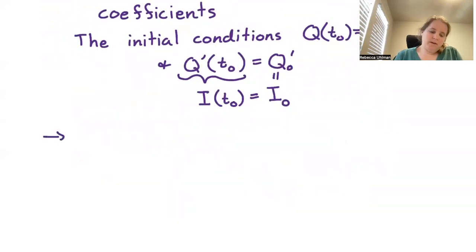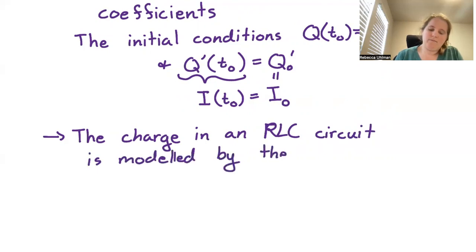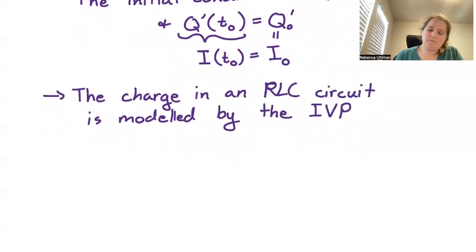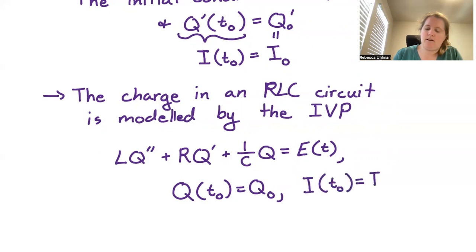So the charge in an RLC circuit is modeled by the IVP L Q double prime plus R Q prime plus 1 over C times Q equals E of t, with initial conditions Q of t naught equals Q naught and I of t naught equals I naught.